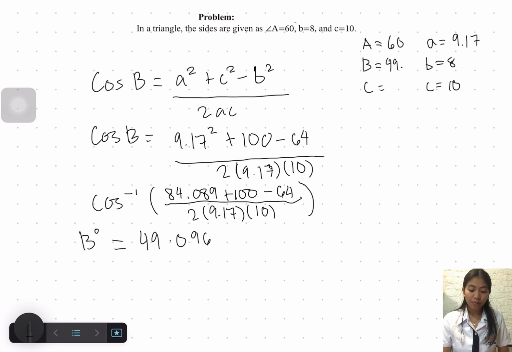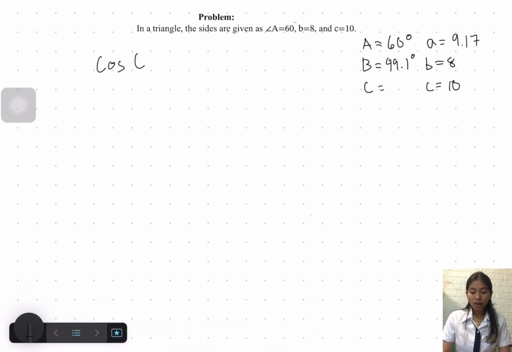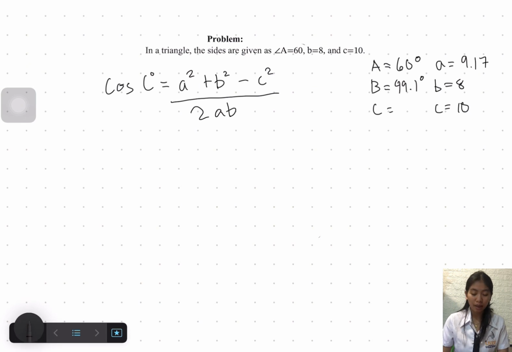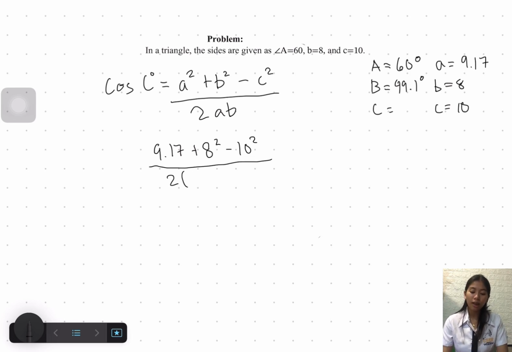Next, cosine C is equal to a squared plus b squared minus c squared over 2ab. Now let's proceed. 9.17 squared plus 8 squared minus 10 squared over 2 times 9.17 times 8.